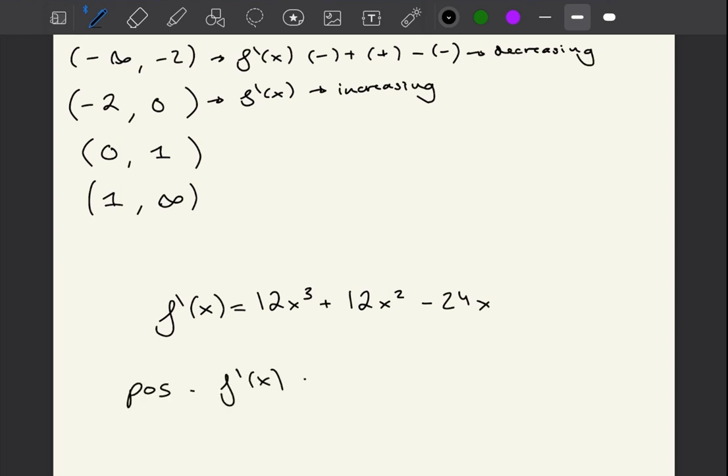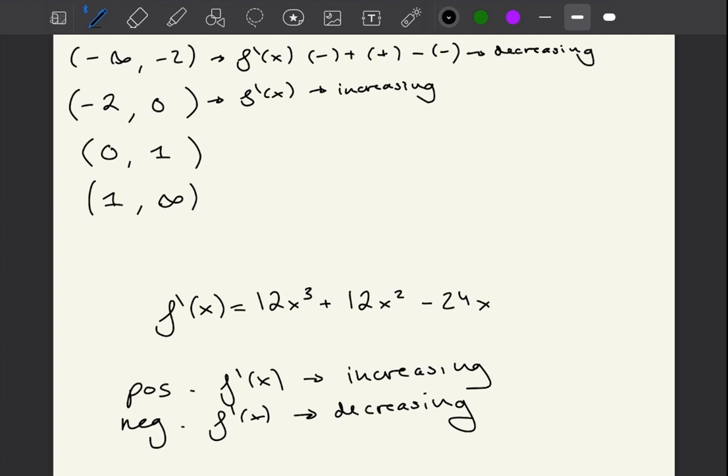If you have a positive f prime of x, that means your function is increasing. And if you have a negative f prime of x, your function is decreasing. I hope that made sense before and I wasn't just talking about something I didn't explain. All right, so your function is increasing.